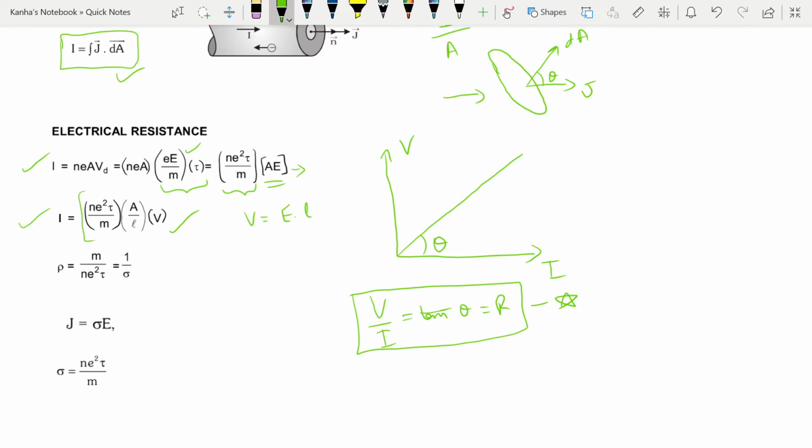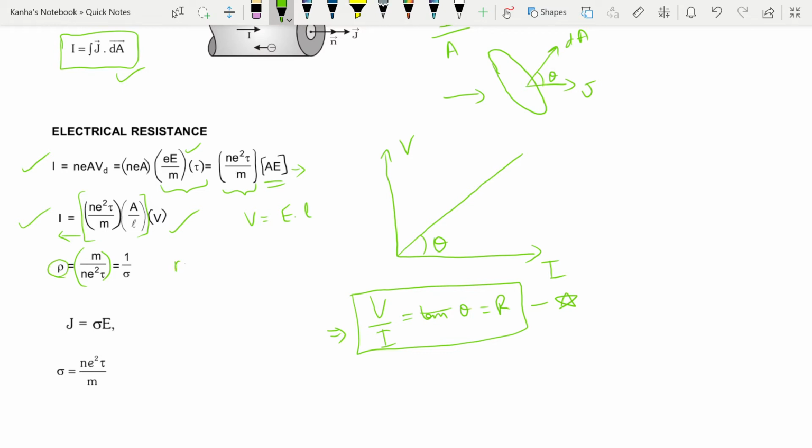If I transpose this to the left side, I'll get something similar to this, and we are defining this quantity m by N E square tau as the resistivity of the system.